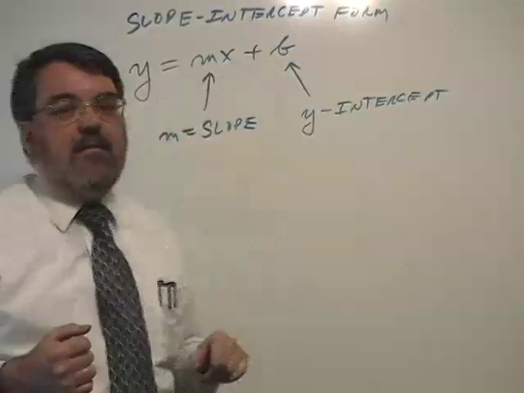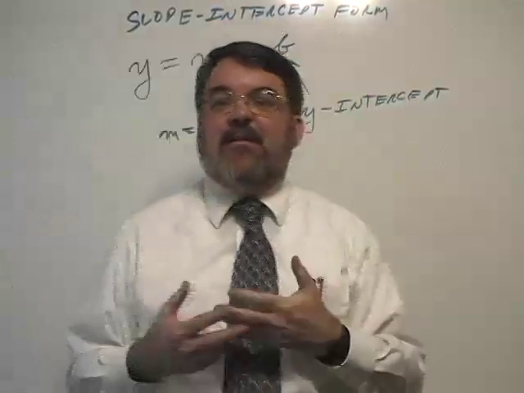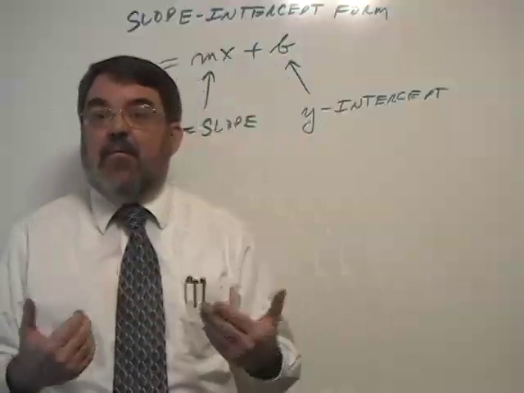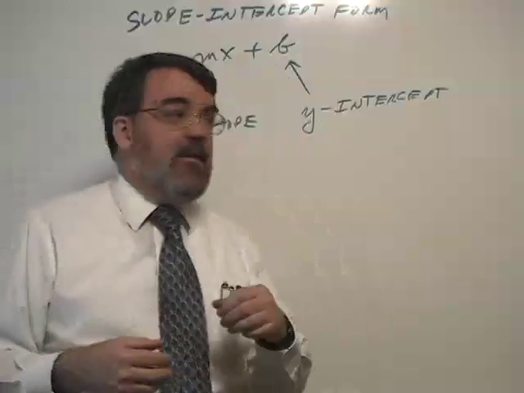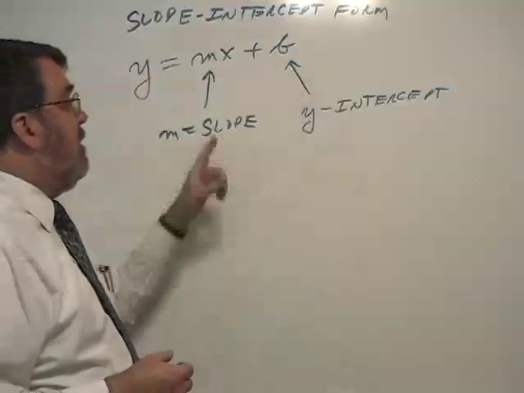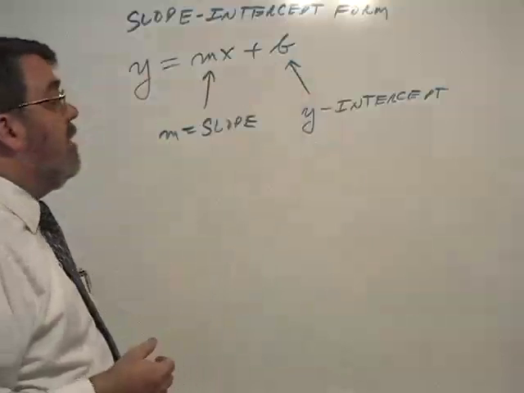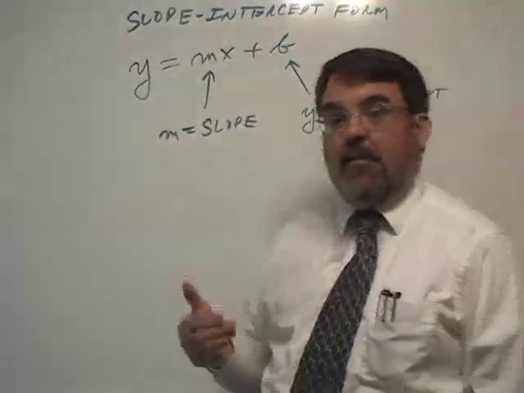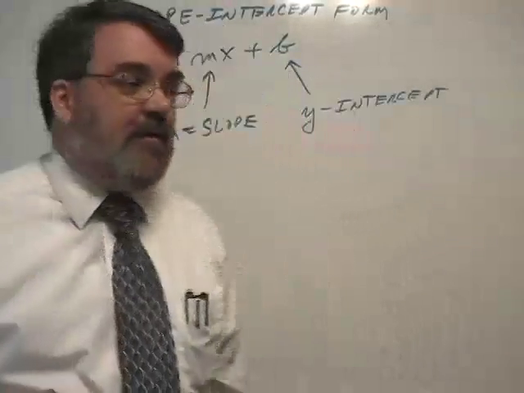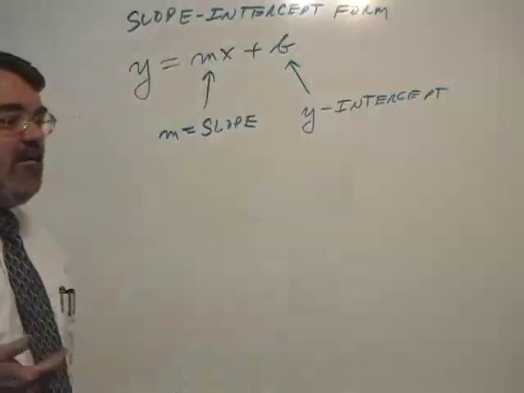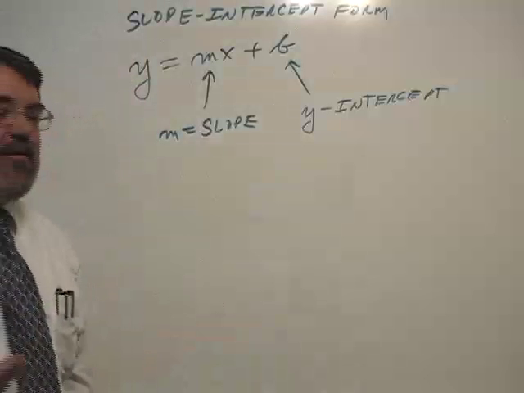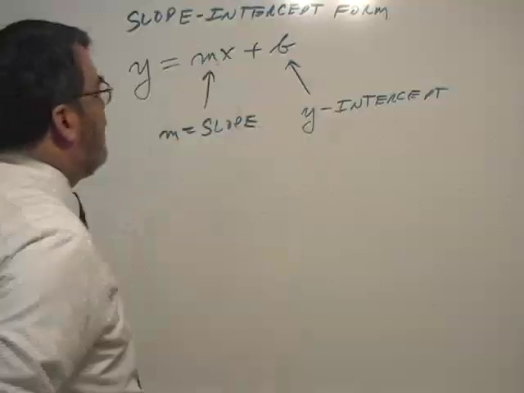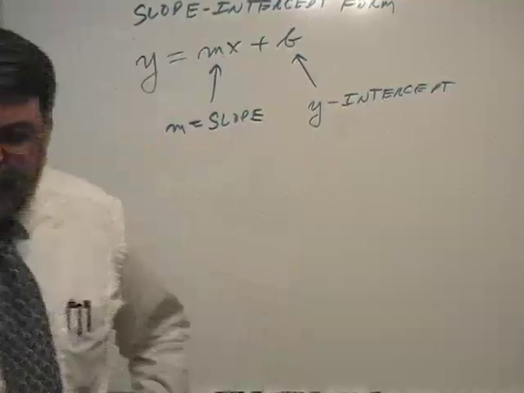These 2 numbers are 2 pieces of information which can describe a line, slope and y-intercept, which is location and direction. It turns out these are of a lot of interest when we apply mathematics with linear functions. These are probably the two most interesting features about a line. So y equals mx plus b is slope-intercept form.